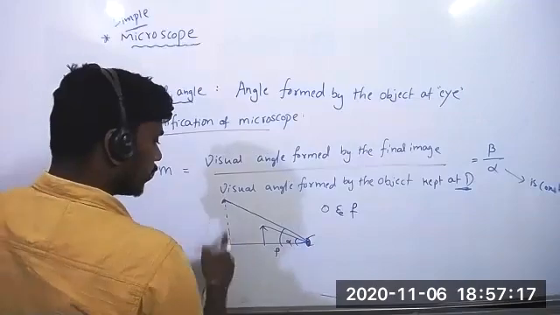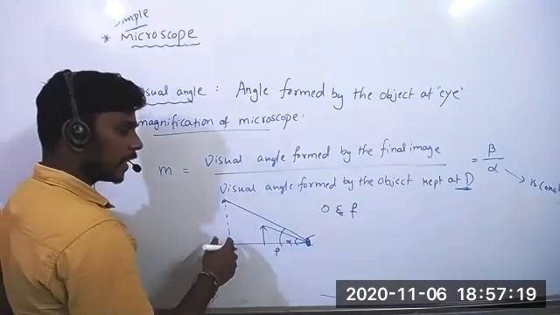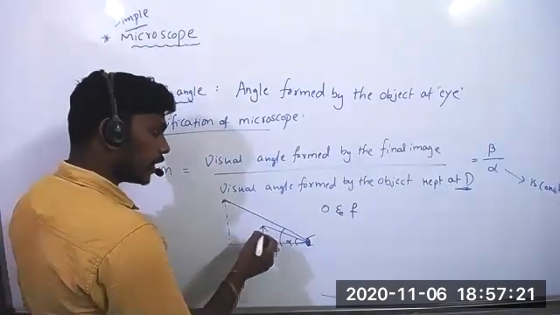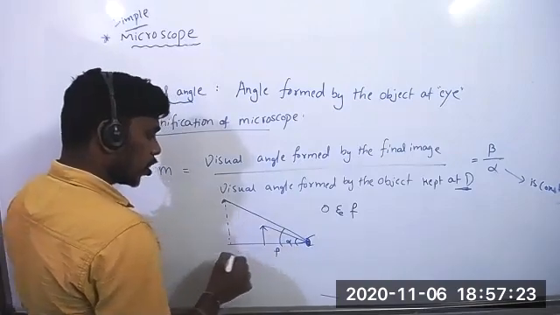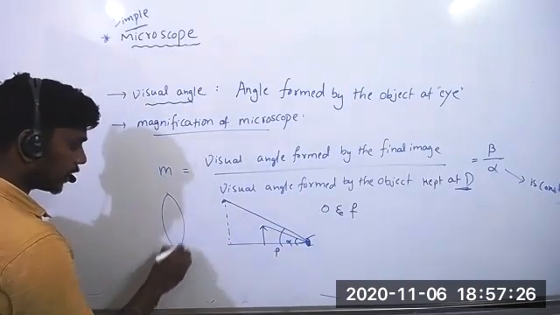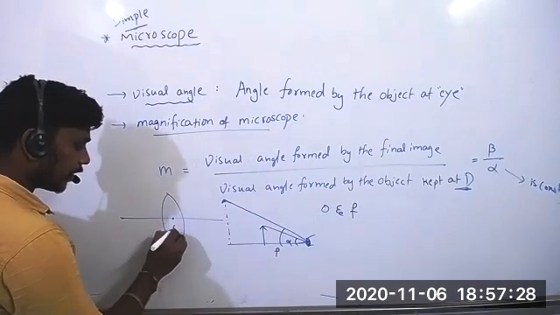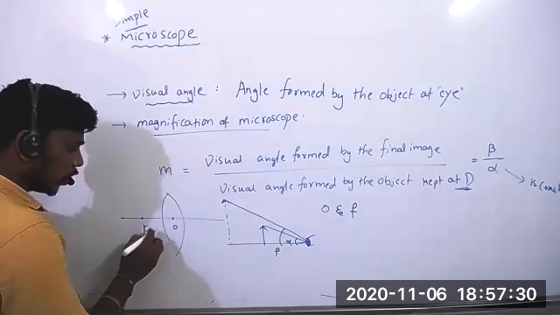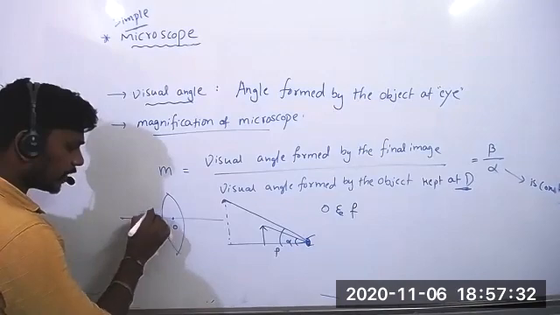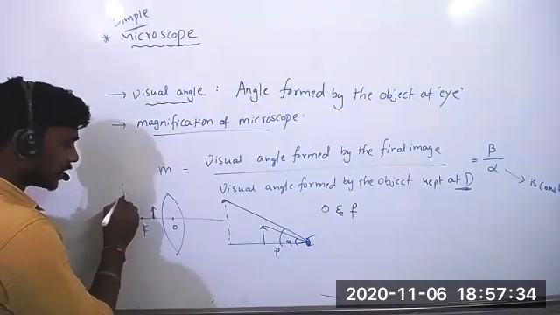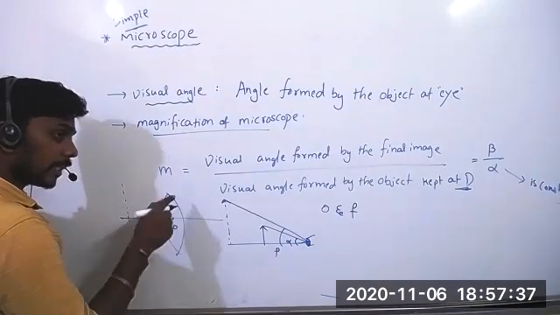When will you get the big image? When you are placing a lens. If you take a convex lens, it has a center of curvature and a focal length. Between those, if you place the object, definitely you will get a very big image.